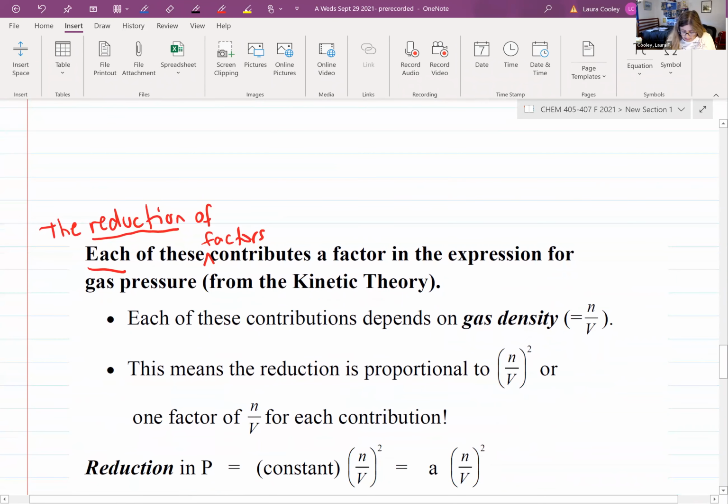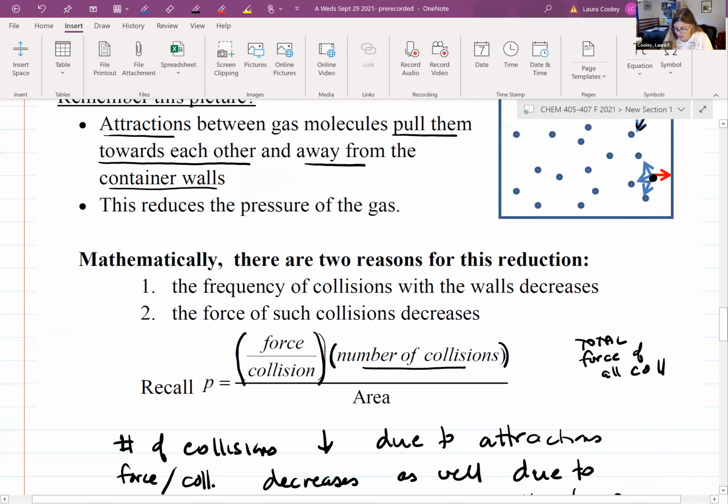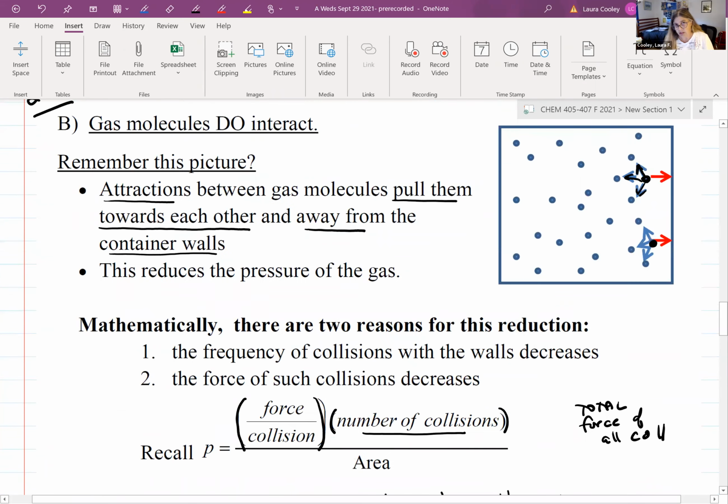So we call that number density of molecules. The reason it's important is, if you go back to this picture, if you have more molecules in the container, there's going to be a greater attraction to those molecules about to hit the wall, and that will reduce the pressure.